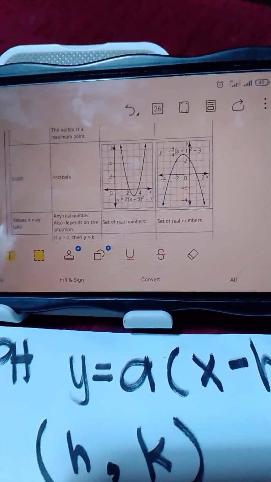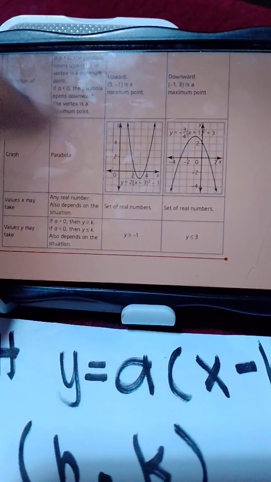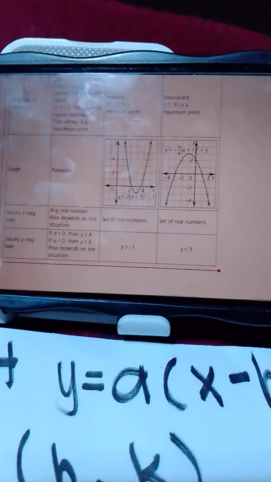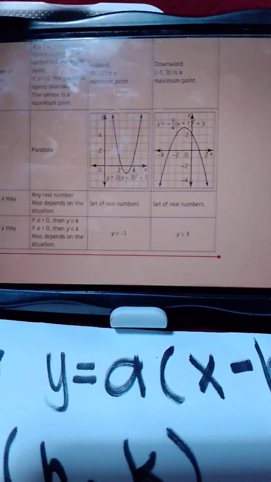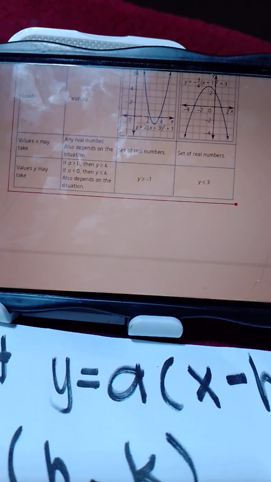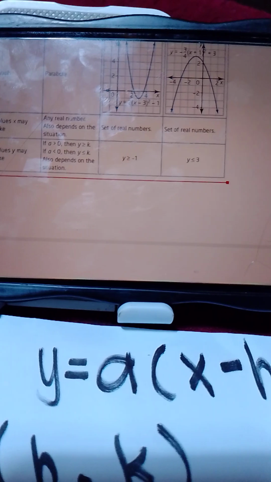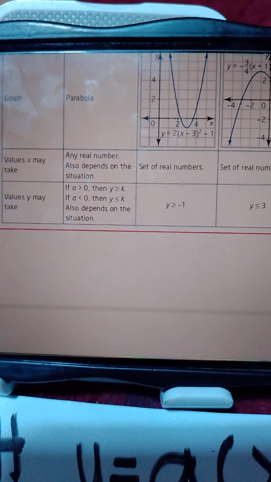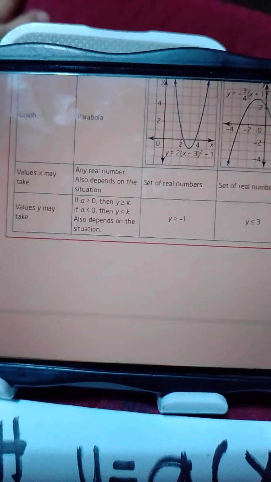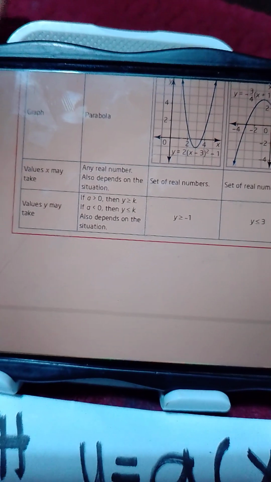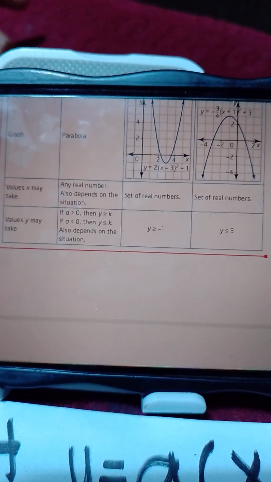For the values of our x, it is the set of real numbers. Both examples have the set of real numbers. And for our y, if a is greater than 0, y must be greater than or equal to negative 1.